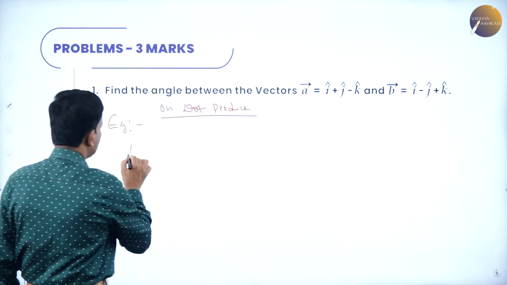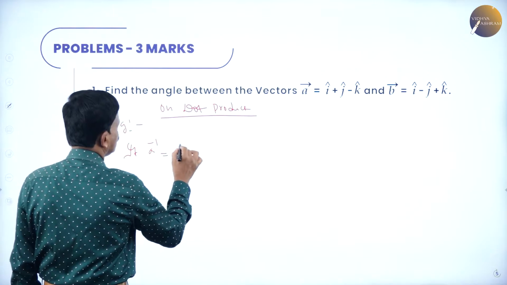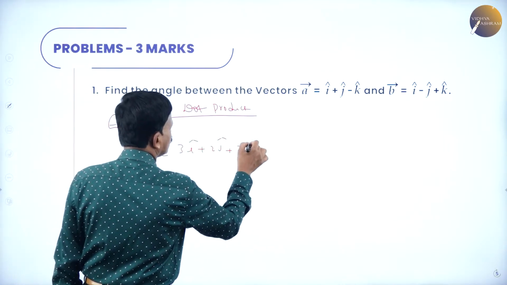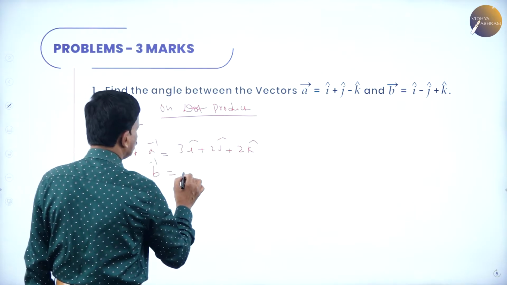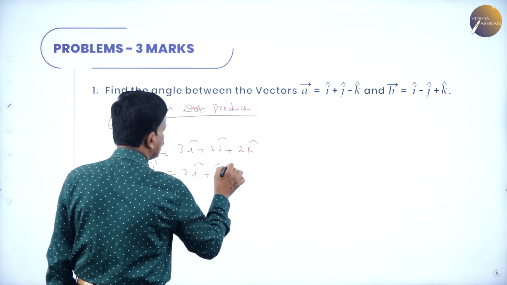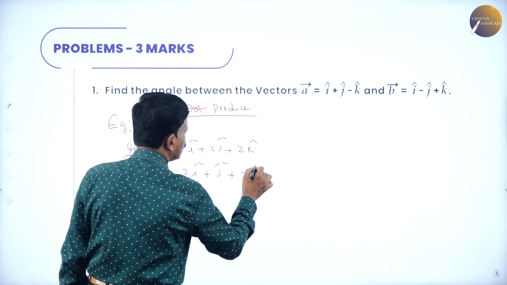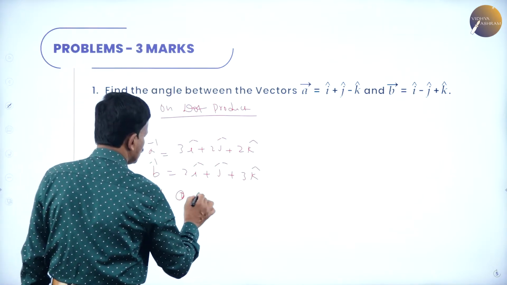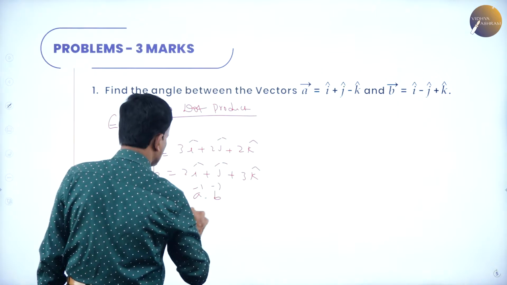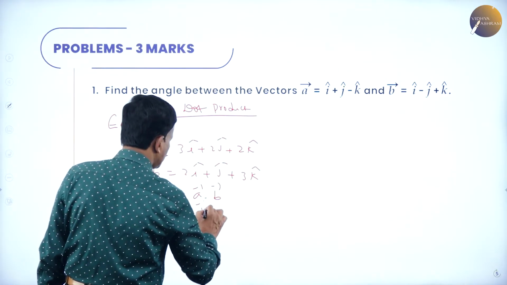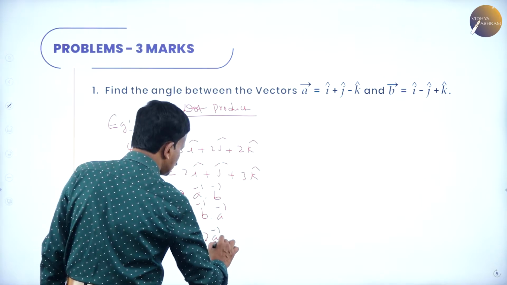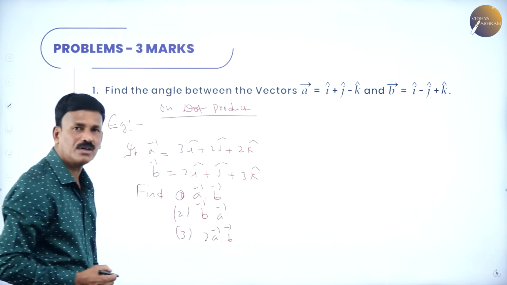Suppose vector a is equal to 3i plus 2j plus 2k and vector b is equal to 2i plus j plus 3k. Now let us find out a dot b, then b dot a, and also find out 2a dot b. Let us find out the values of these.